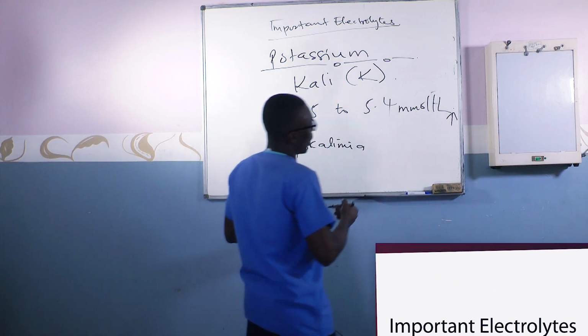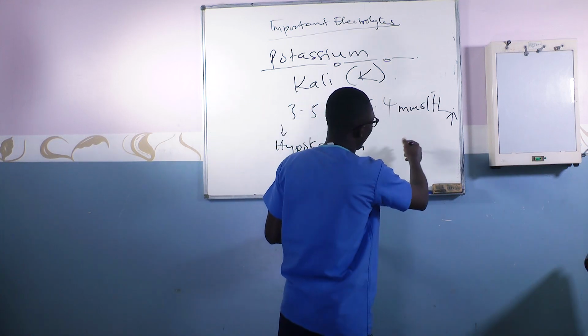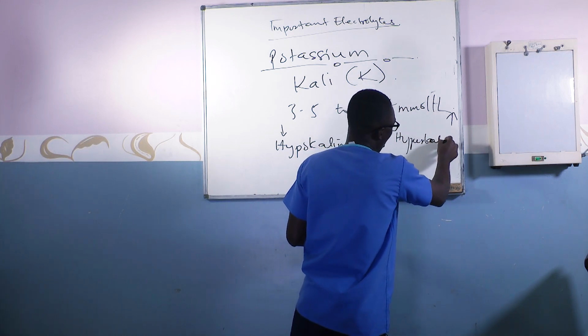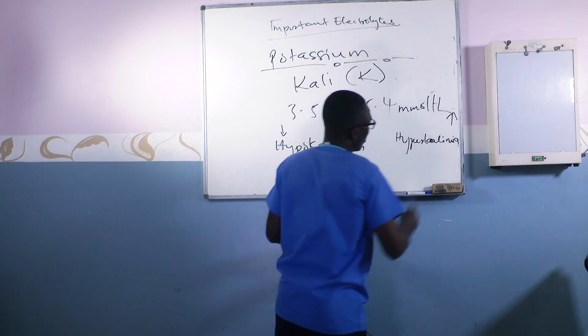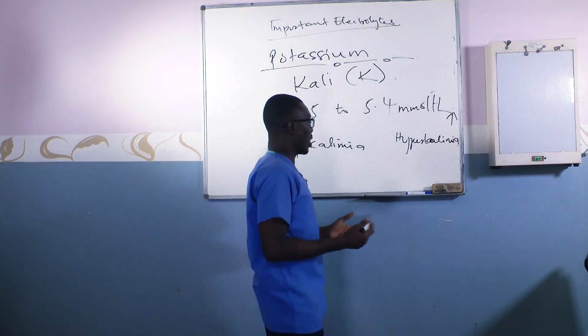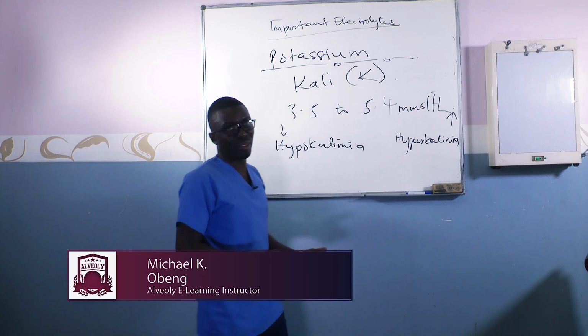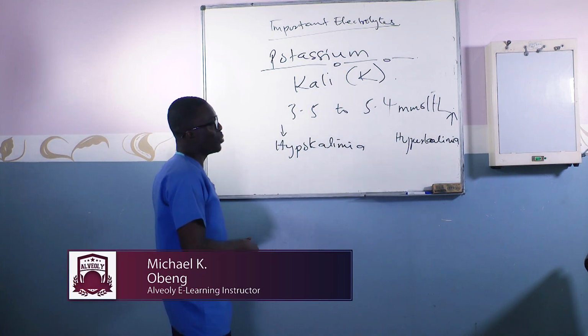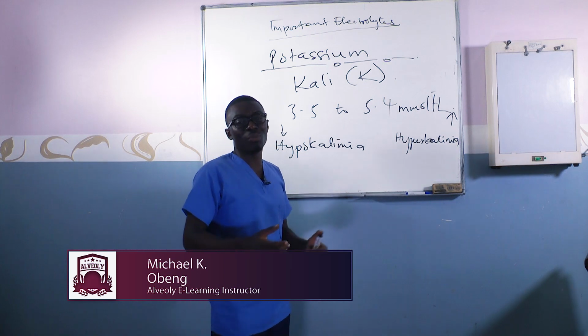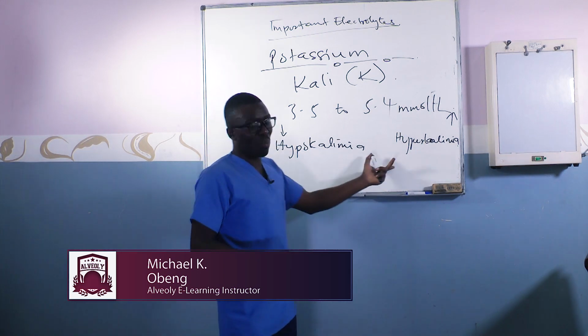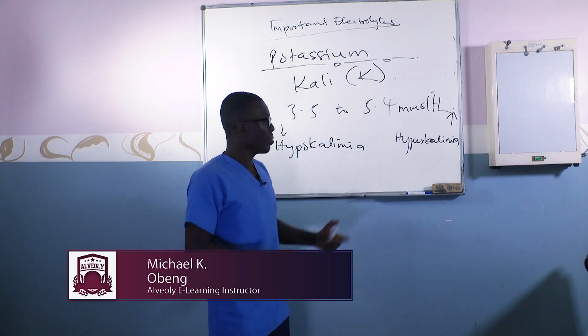And if it is high, we term it as hyperkalemia. So we have hypokalemia and we have hyperkalemia. Later on, I'll give you the causes and management or treatment of hypokalemia and hyperkalemia as well.